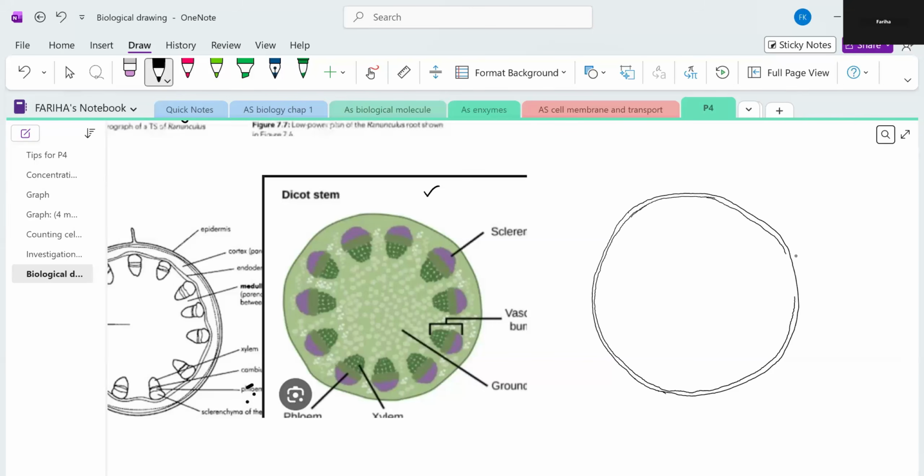My line can be discontinuous, but yours cannot. I'm drawing a discontinuous line. I will lose 1 mark, but it shouldn't be discontinuous.